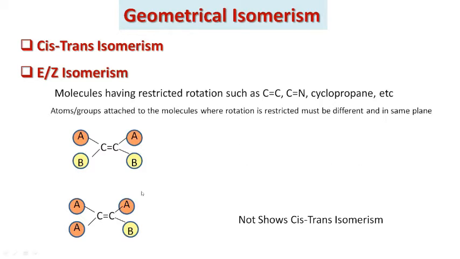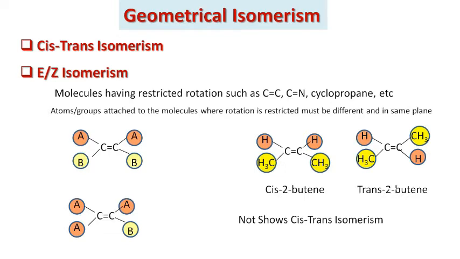So the cis-trans isomers of this molecule can be represented here. In this case both the methyl groups are on the same side, and it is named cis-2-butene. In this case both the methyl groups are on opposite sides, and this molecule is named trans-2-butene.